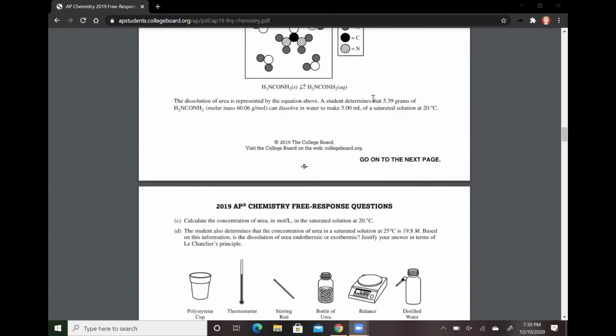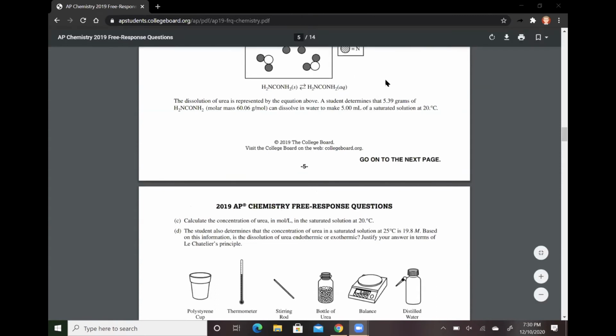If you go back up here, you don't even really need this if you know what dissolution is, dissolving something in a solvent. Delta S is, as we know, equal to the S of the products minus the S of the reactants.